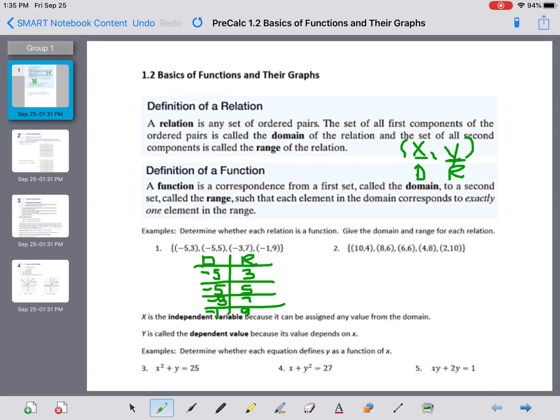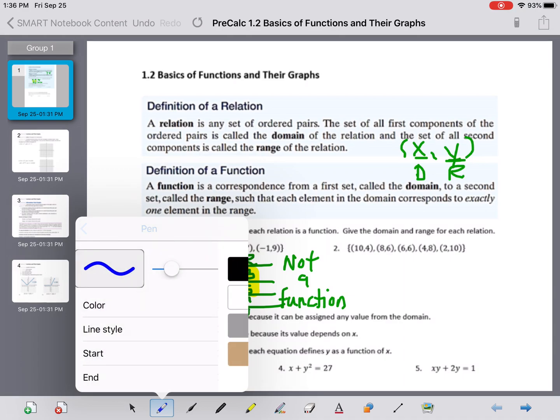So what you always look for is, in my domain, do I have the same value repeated with the same or different y values? Because I have different y values for the same x value here, I have to say this is not a function. So each x value has to have one and only one y value to be a function.